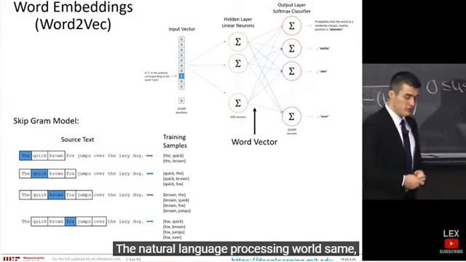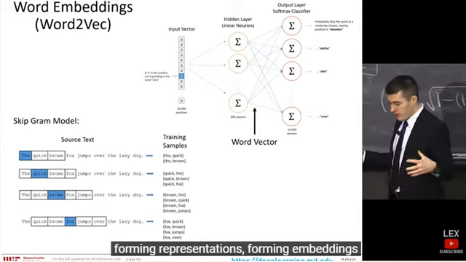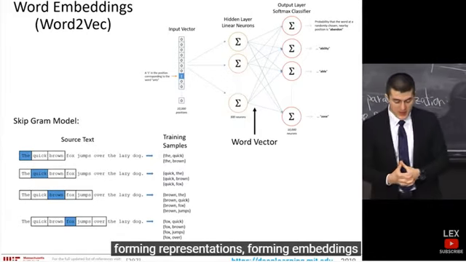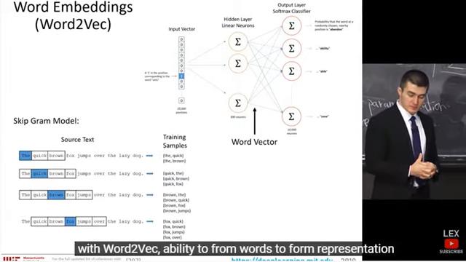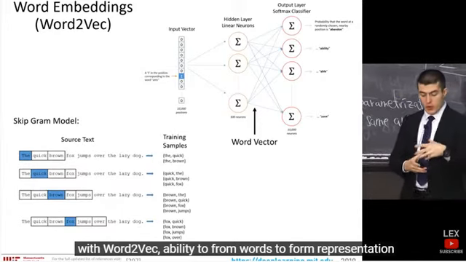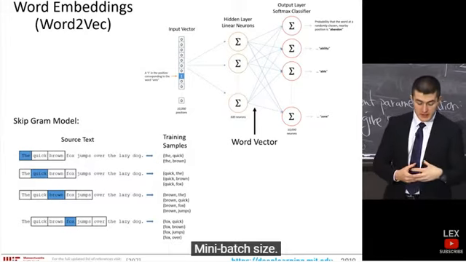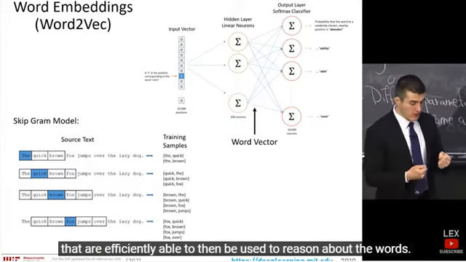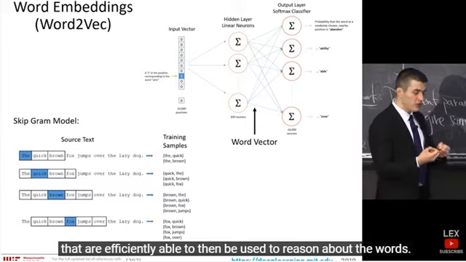The natural language processing world, same, forming representations, forming embeddings with word2vec, the ability from words to form representations that are efficiently able to then be used to reason about the words.